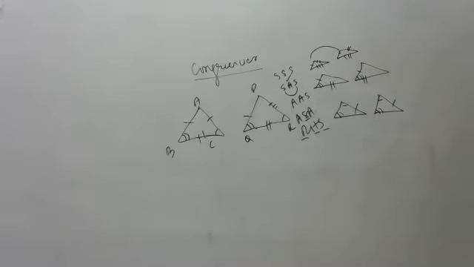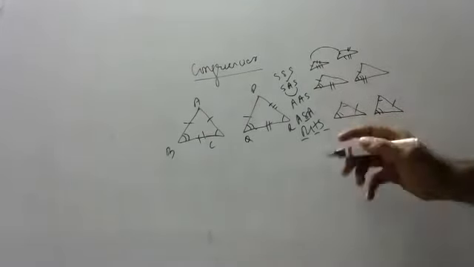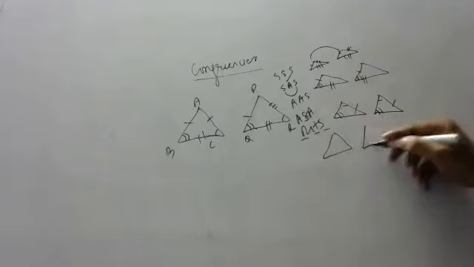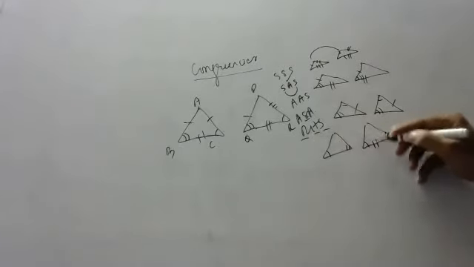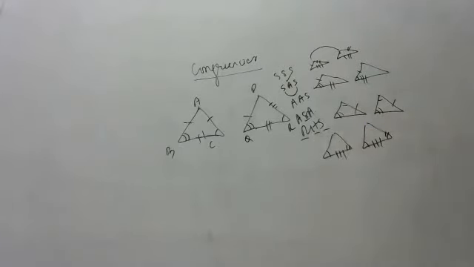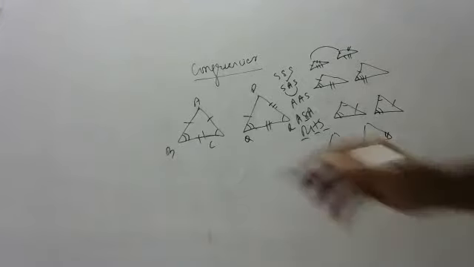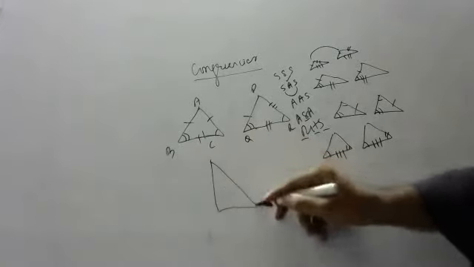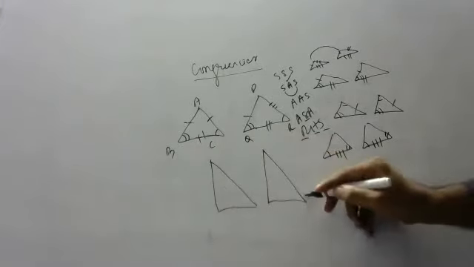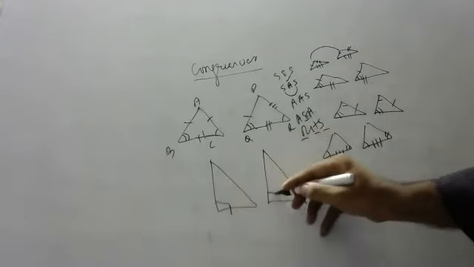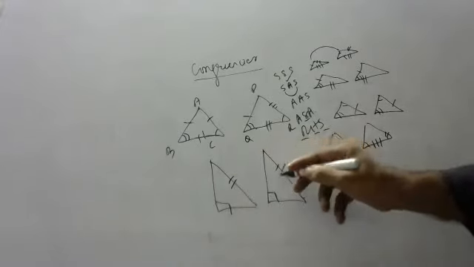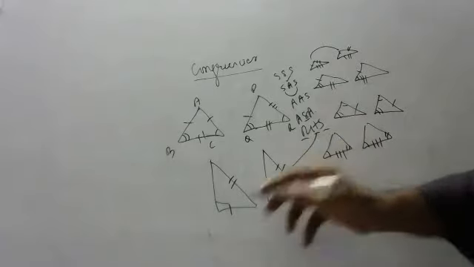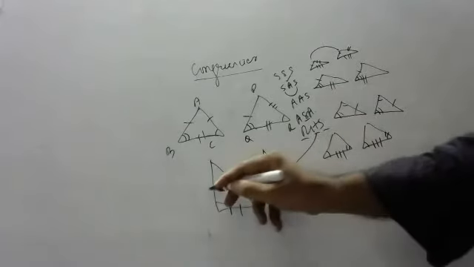Next, ASA: compulsory two angles and the included side. And the last one is RHS congruency. R means 90 degrees, H means compulsory hypotenuse, and side means any one side, either this or this.